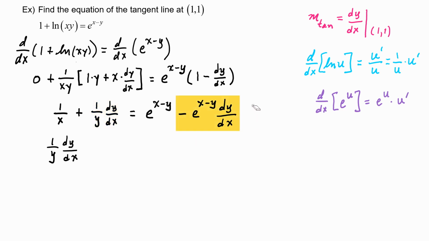This term has a dy/dx, so we will bring it over to the left-hand side, and it becomes plus e to the x minus y dy/dx equals this term, e to the x minus y, stays put on the right-hand side, and then this 1 over x will need to come over to the right-hand side and be subtracted.